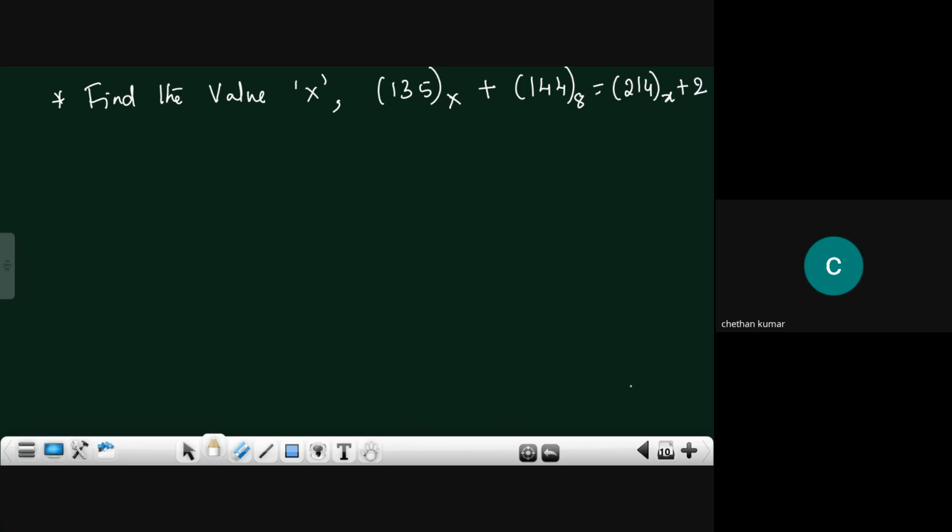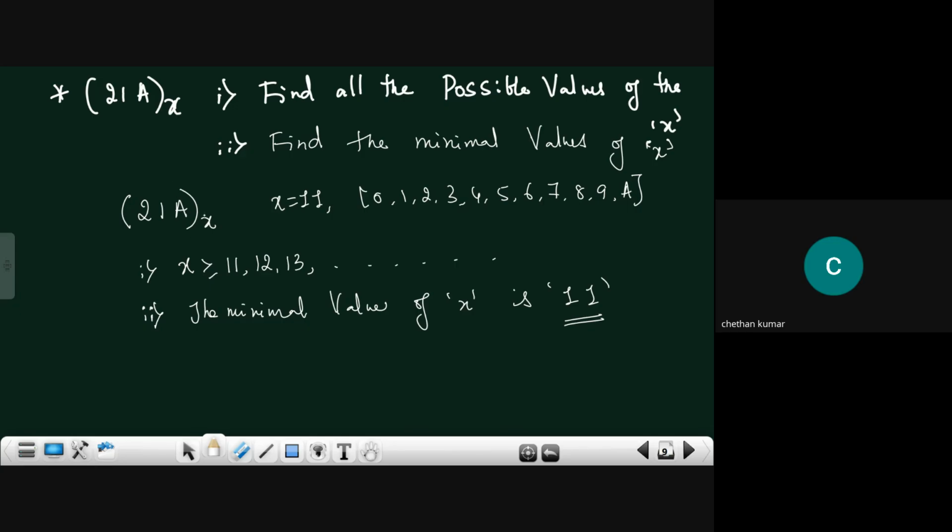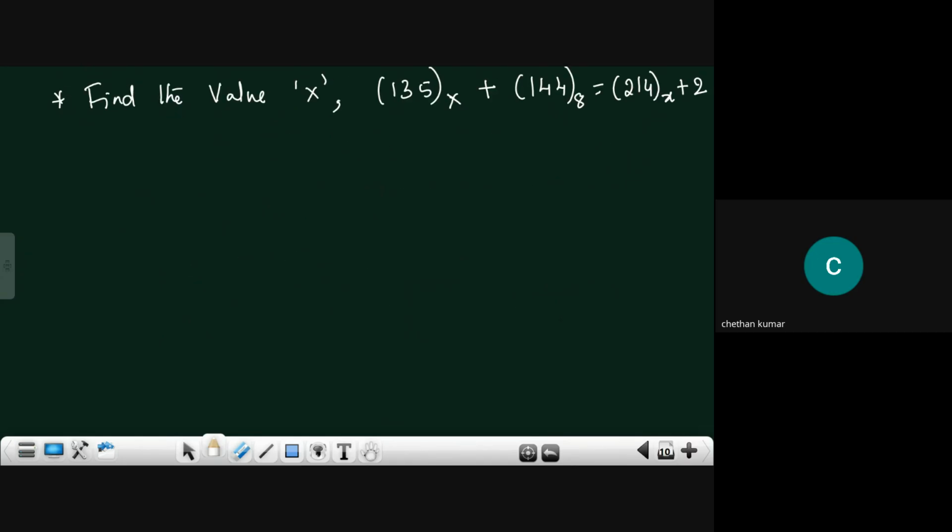In the previous case, it was easy to find the value of x, but here there is no LHS, only the number with base x. Now you can identify the possible values and the minimal value of x. The problem says LHS is equal to RHS, so you should choose the x value such that LHS equals RHS.